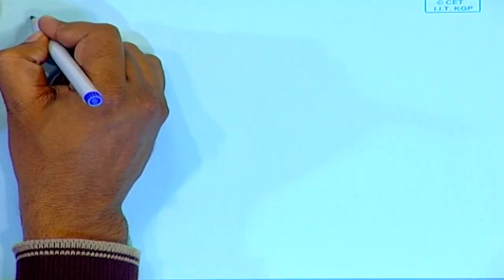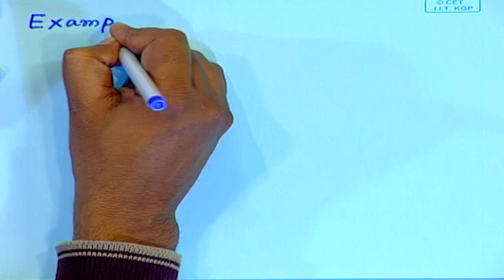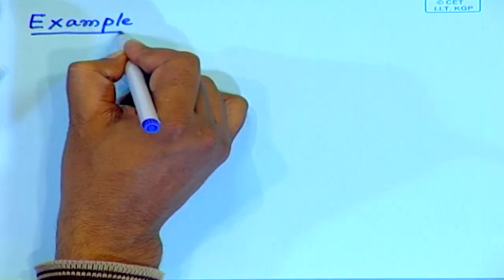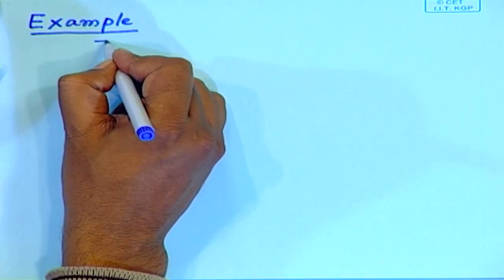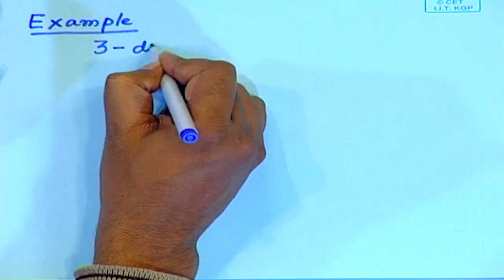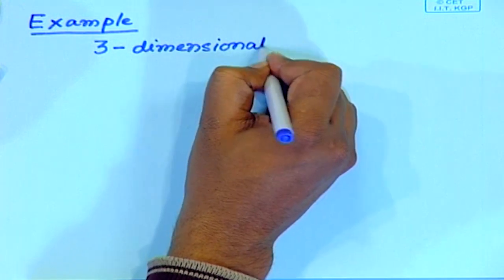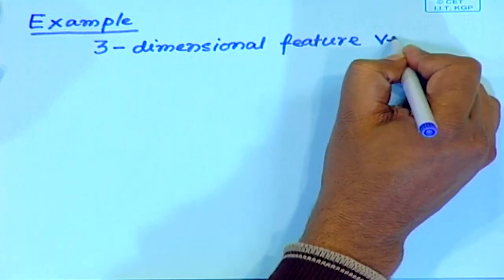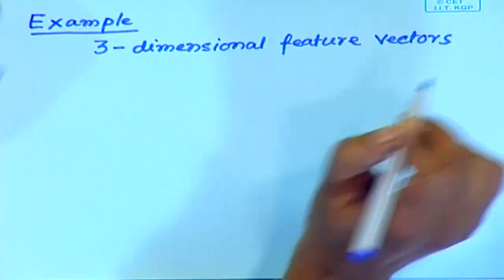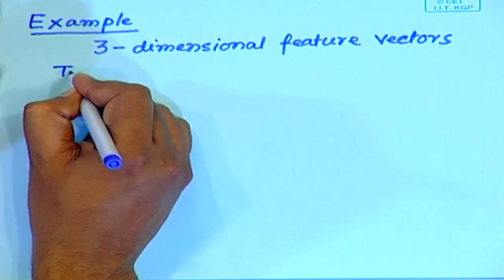Let us take an example. So, let us consider 3-dimensional feature vectors, and a two-class problem.